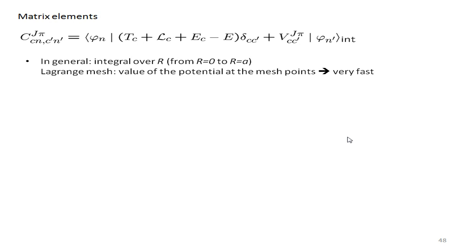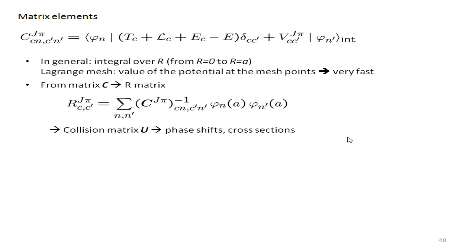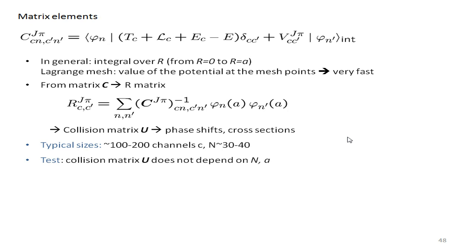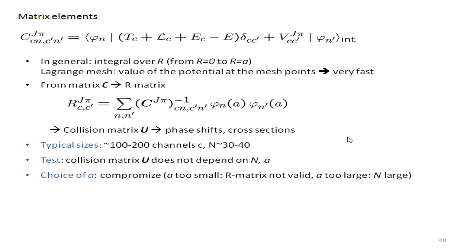And because of the use of this Lagrange mesh method, the calculation of that is very fast. Then we have to invert this matrix and determine the R matrix, then the scattering matrix, and then the cross sections. So you have here typical conditions, about 30 to 40 basis functions per channel, 100 channels.